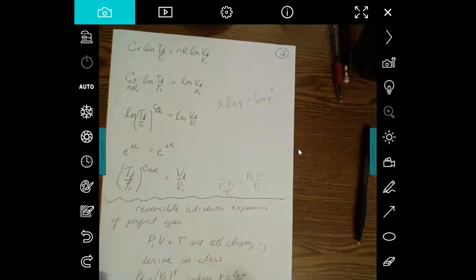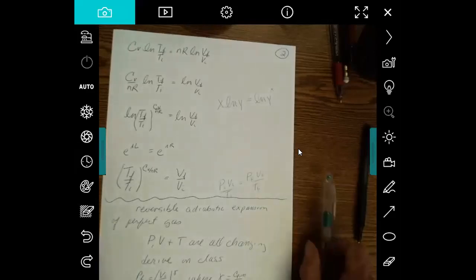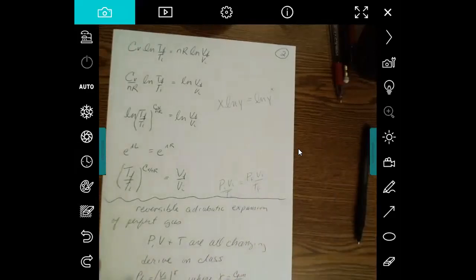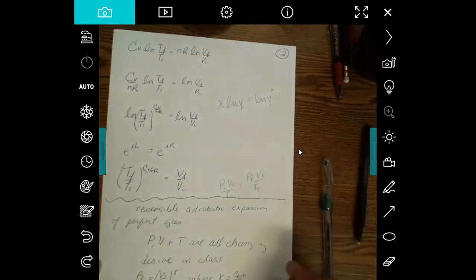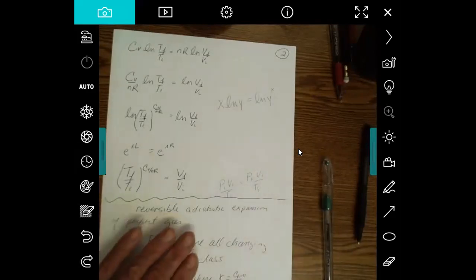And so in order to derive a relationship between pressures, it's a little more time intensive. So I'll have you derive this part on the board in class, so that you can see that the pressure ratio is related to the volume ratio, but they're not just inverse. The volume ratio is raised to the gamma, and gamma is the heat capacity ratio, Cp over Cv.